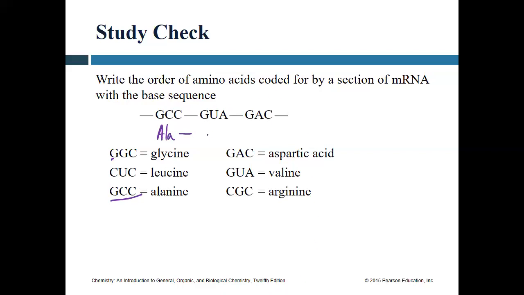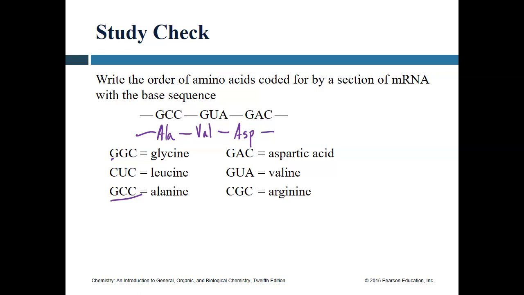GUA, okay, that's valine. GAC, okay, that's aspartic acid. And then obviously that could go on and on further and further.